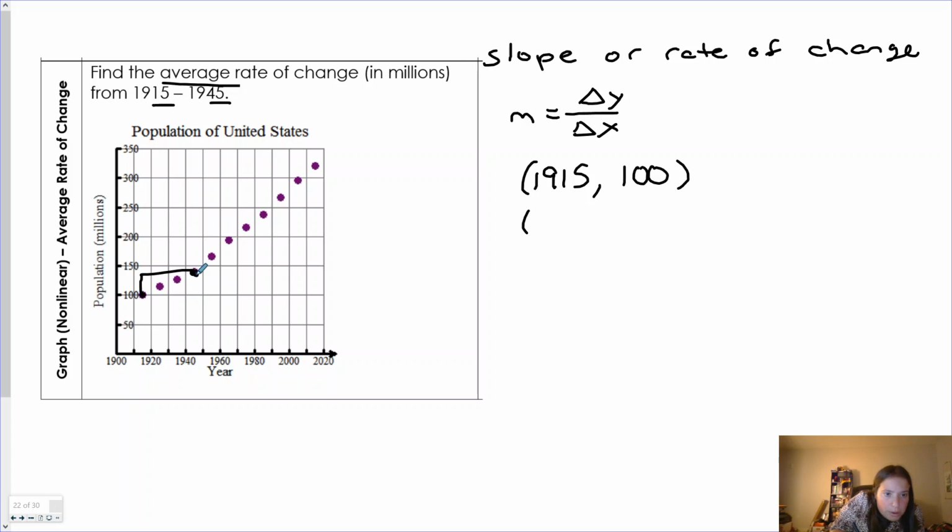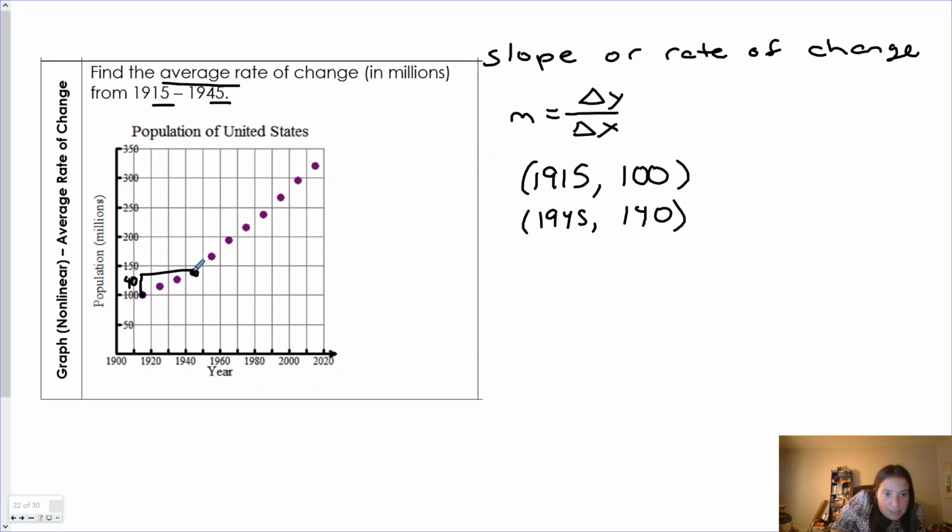And then 1945, I'm going to say that's around 140. 140 seems like a good estimate for me, knowing that I have to be not quite at 150, but I'm over half. That works.